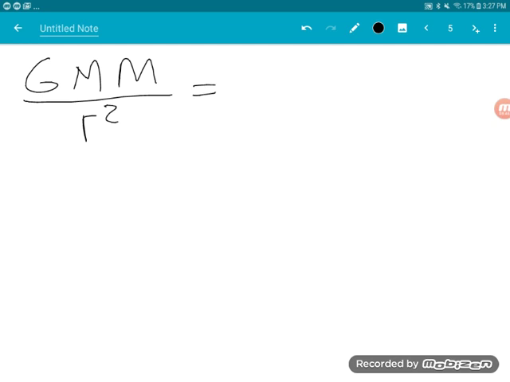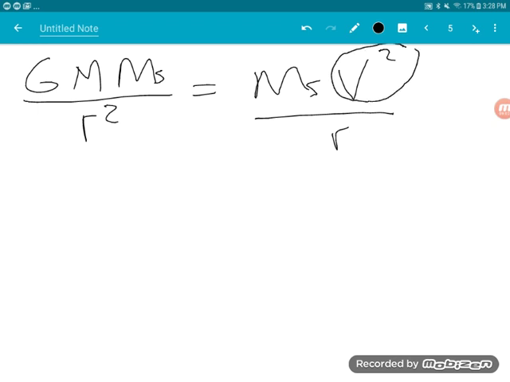Now this is equal to the mass of the spaceship times your velocity squared over r. Our goal is to solve for this velocity.